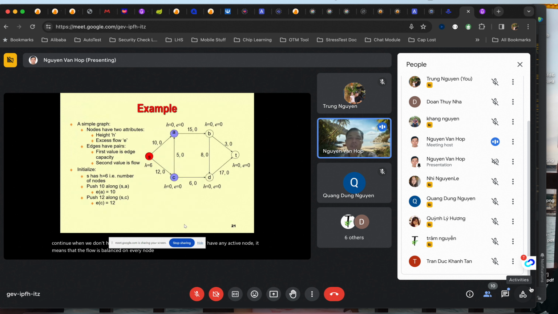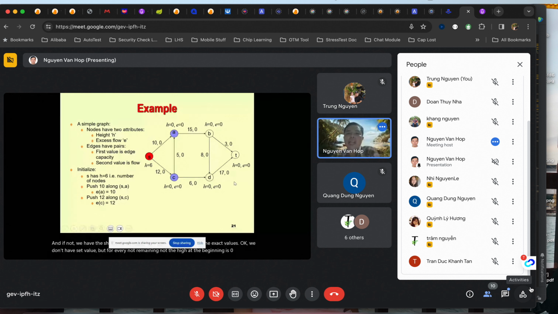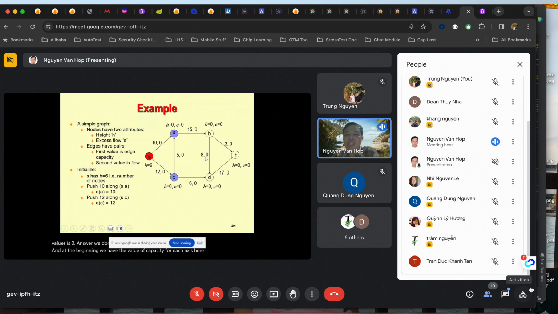Now look at the example. In this example, at the beginning we have the source node and the sink node, and in total we have six nodes. Here h is the height. At each node we have a height. For the source node we only have the height, we don't have the excess value yet. But for every remaining node, the height at the beginning is zero, and the excess value is zero. At the beginning we have the capacity for each arc, and the current flow for each arc is zero.